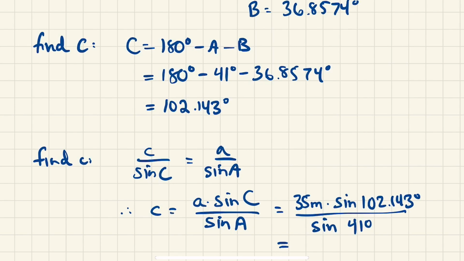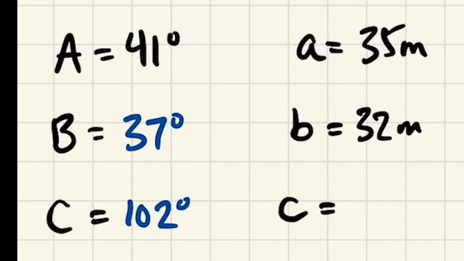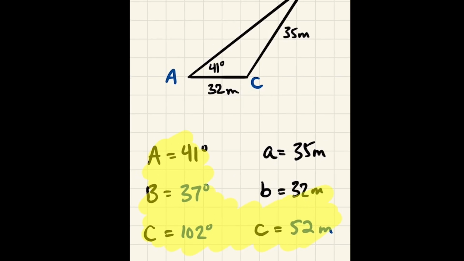So I get little c as 52.1553 meters, which we will write in our final answer as 52 meters. So we have solved this triangle.